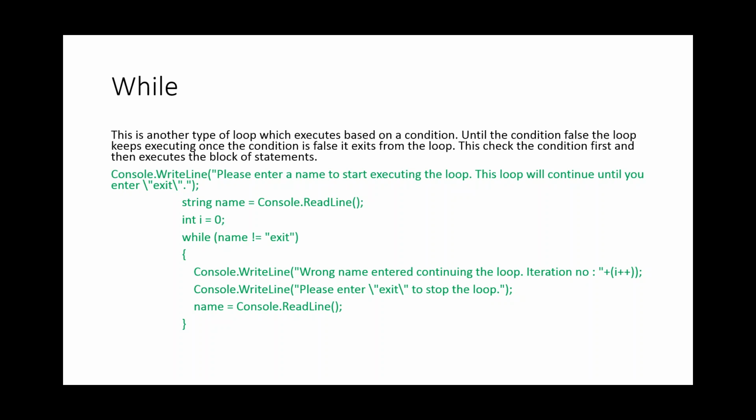So the for loop executes the number of times you have given. So there is a boundary. If you give 10, it has to execute 10 times. That's the max it can execute. But with a while loop, you can execute n number of times. Means if you manually change something, if you make the condition fail, only then will it exit the loop, otherwise it will keep on executing.